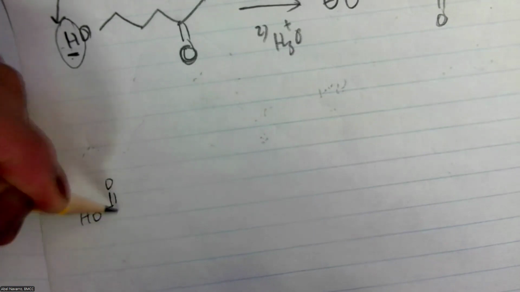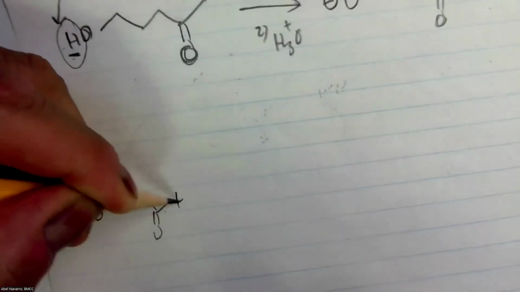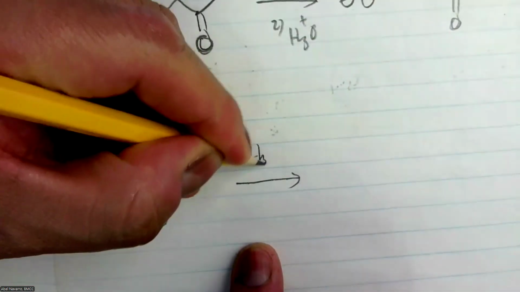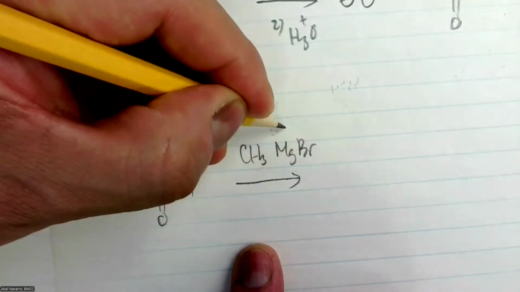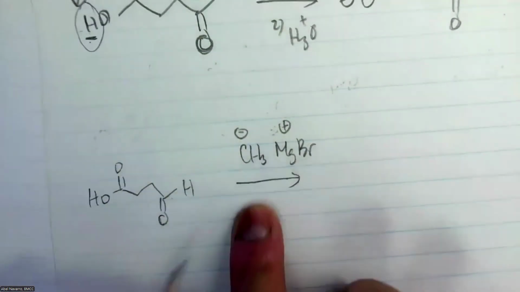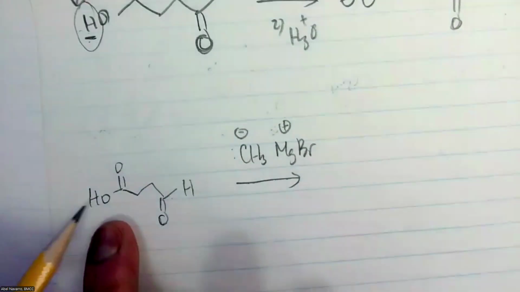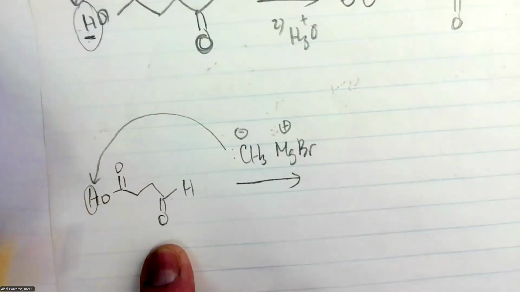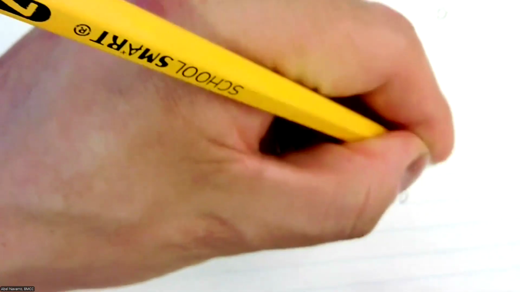What about the other species? Let's say I have a carboxylic acid and an aldehyde. You say, I want the aldehyde to react with my Grignard. No, the aldehyde is not going to react with the Grignard, unfortunately. The aldehyde is an electrophile, but the Grignard will immediately react first with the acid. So your product would be the carboxylate.